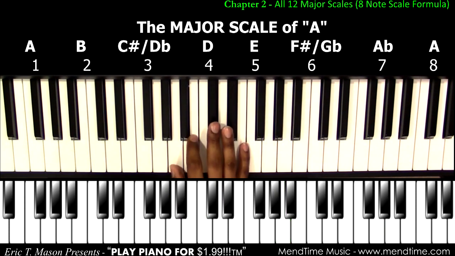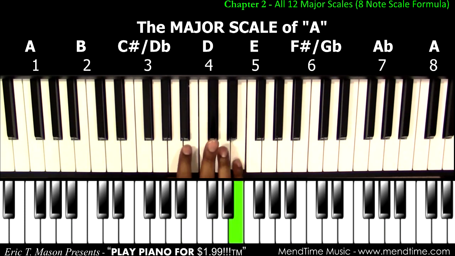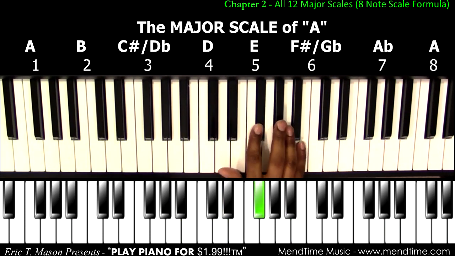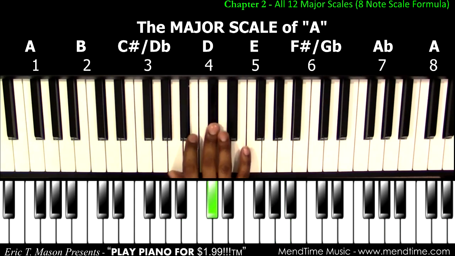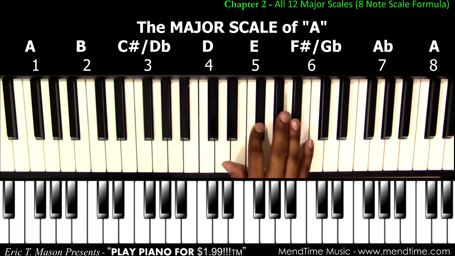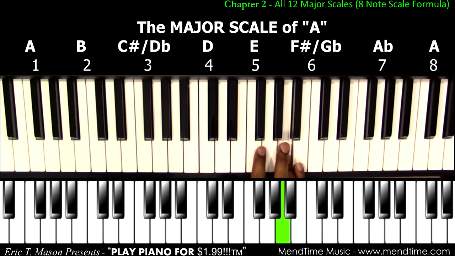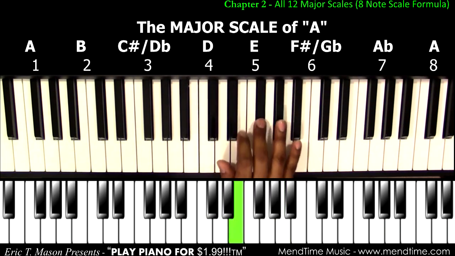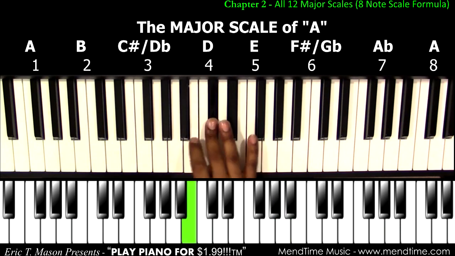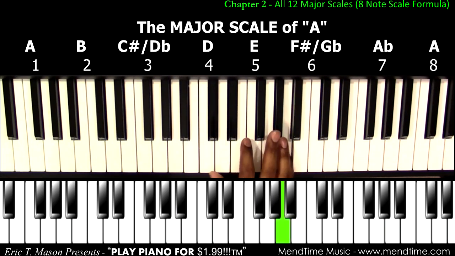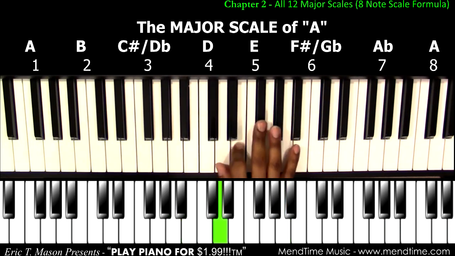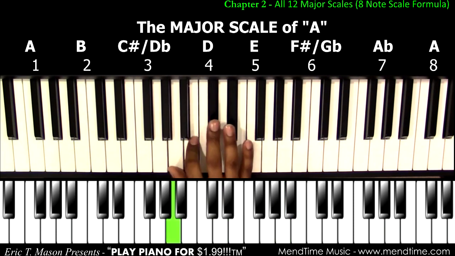Very good. So what I should have heard is 1, 2, 3, 4, 5, 6, 7, 8. Again, we hear the do, re, mi, fa, sol, la, ti, do theme.